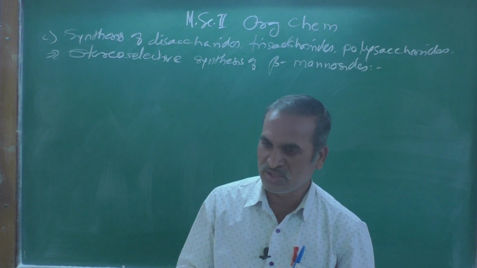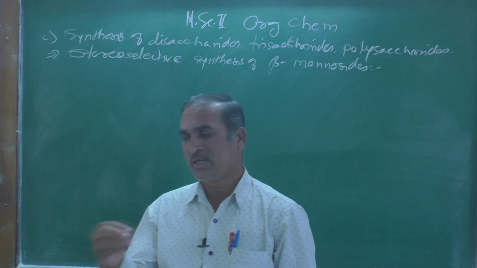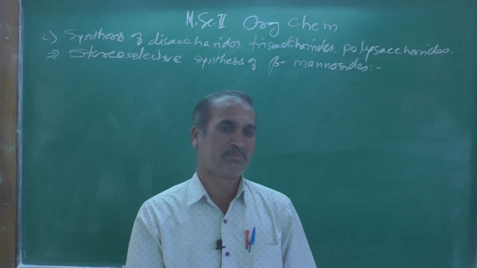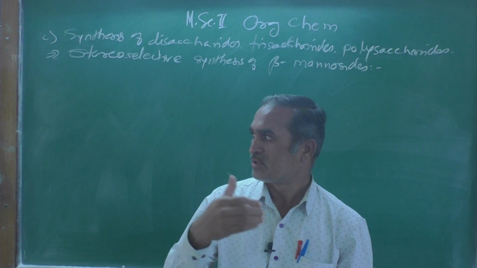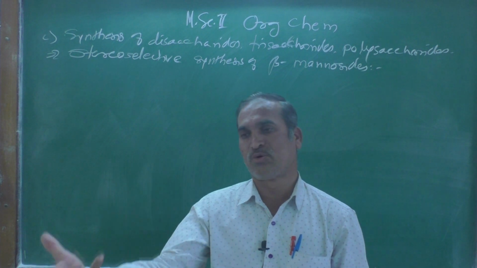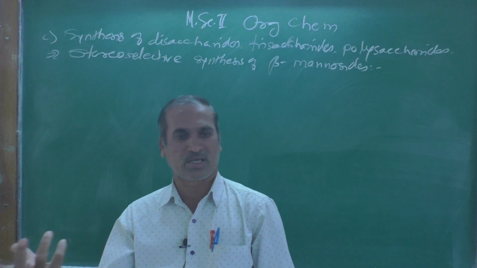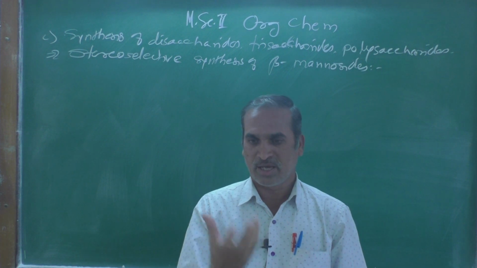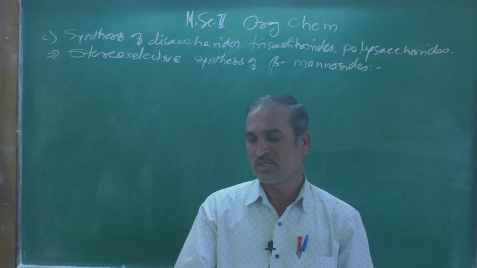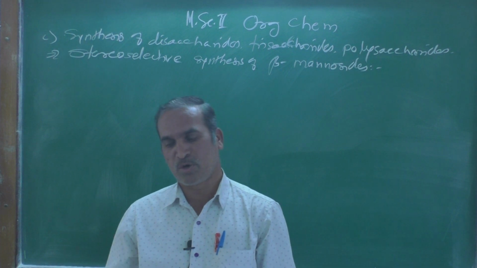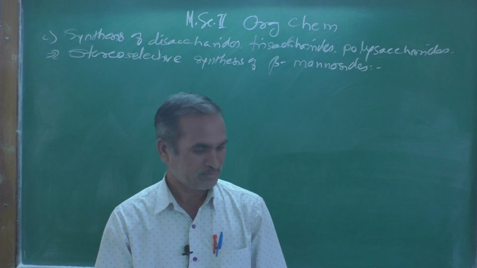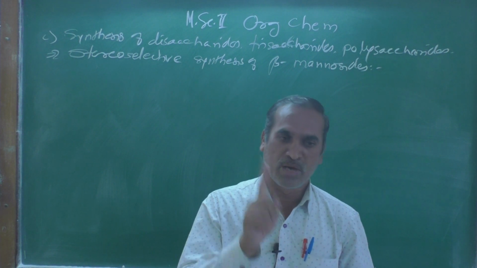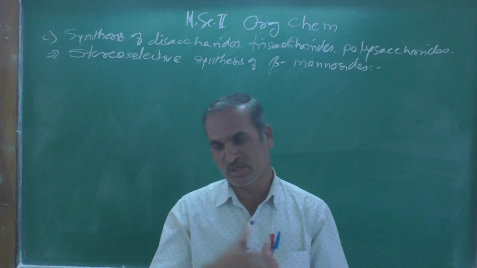Similarly, it can react with Fehling's solution, the aldehyde group gets converted into a salt of the carboxylic acid, and this also shows the positive test of Fehling's solution. Therefore maltose is a reducing sugar.